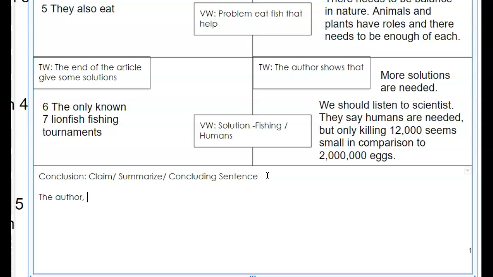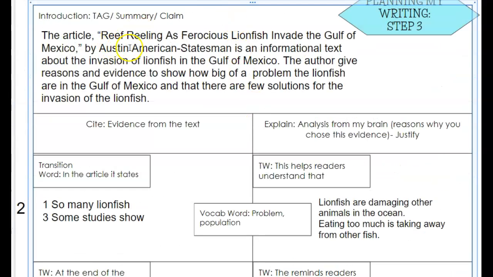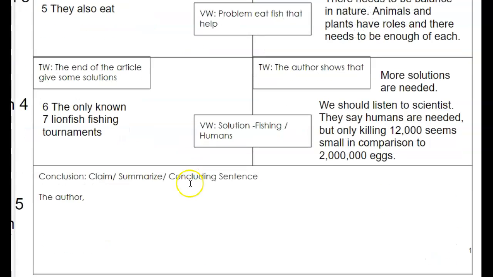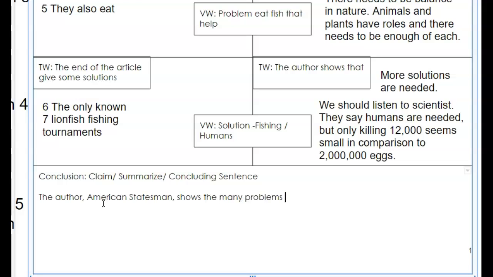The author, comma, hold on, we know who this author is. American statesman shows the many problems lionfish cause with their invasion of the Gulf of Mexico, because they are native somewhere else.